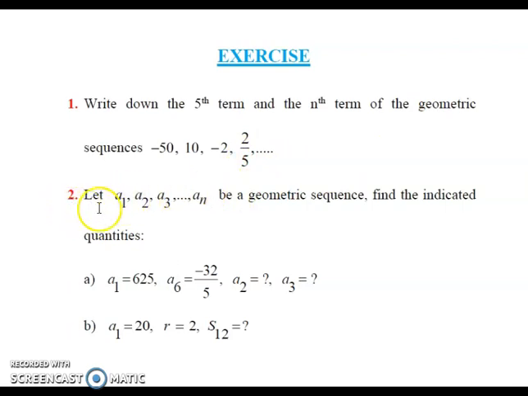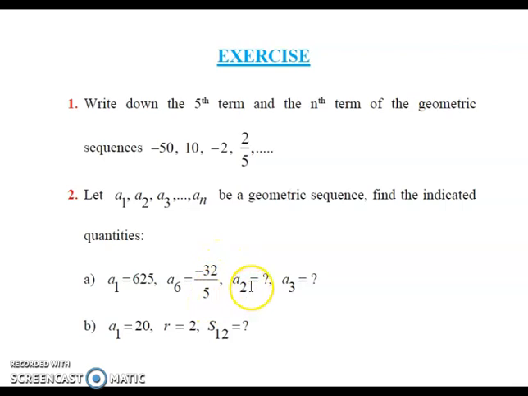Second question, let a1, a2, a3 and so on, an be a geometric sequence. Find the indicated quantities. A question, a1 is equal to 625, a6 is equal to minus 35 divided by 5.